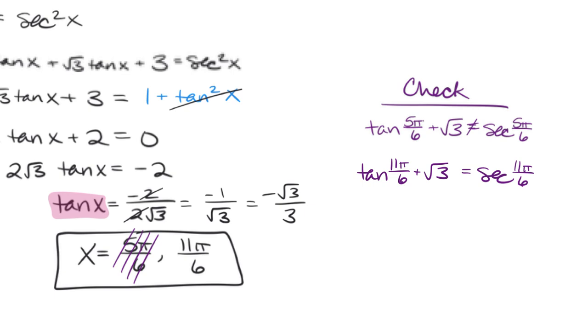Are you closing a parentheses after tangent 11 pi over 6, close parentheses, plus square root 3? Oh no. Close your parentheses. But yes, this one works, yeah? That means we leave 11 pi over 6 as part of our answer. Okay. They were the same number, he just said they were different. Joseph. I was paying attention. I was looking at the wrong number.